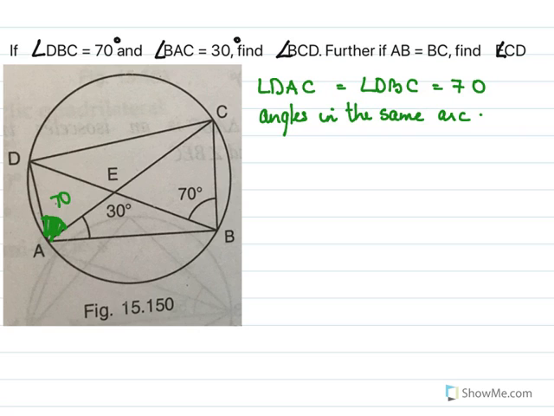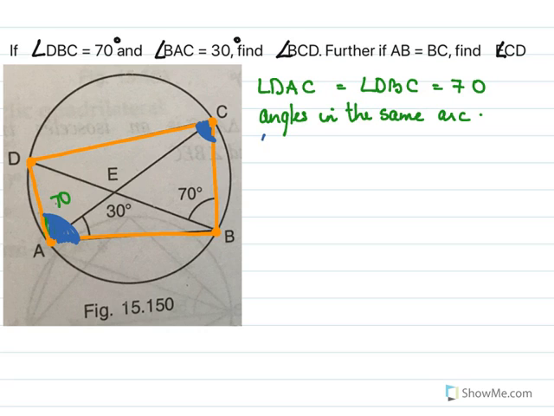Now for the next part of the sum, we have proved that this angle is 70. Now we will take a cyclic quadrilateral. A, B, C, D is cyclic because all the four vertices are on the circle. Let's mark the opposite angles. Angle A and angle C will be the opposite angles.